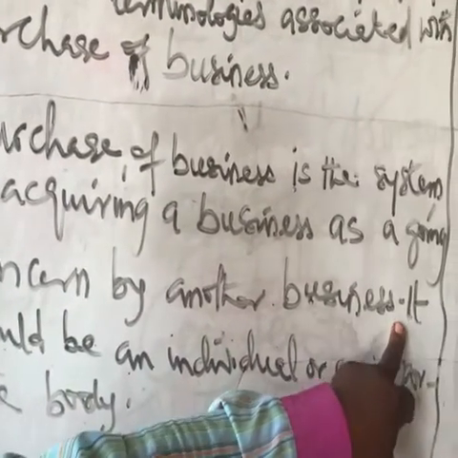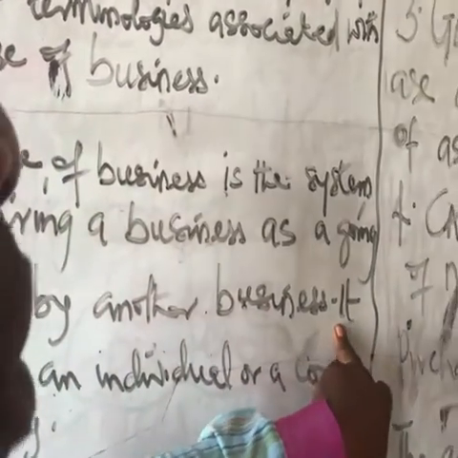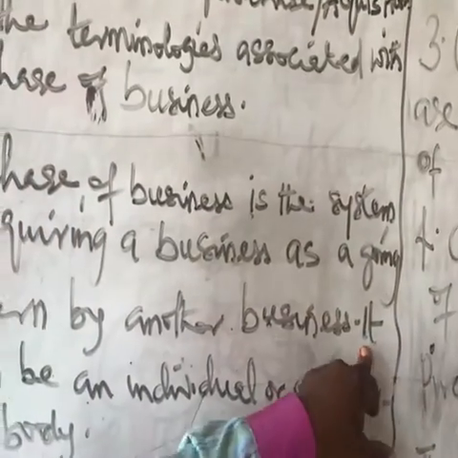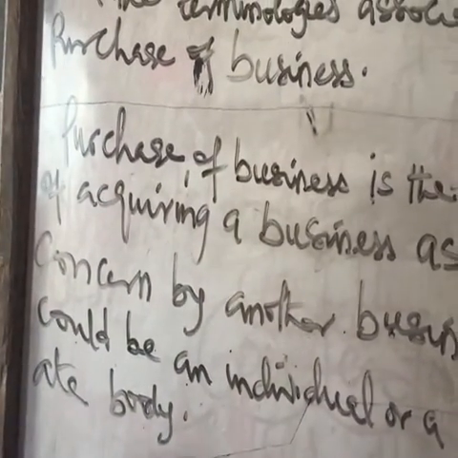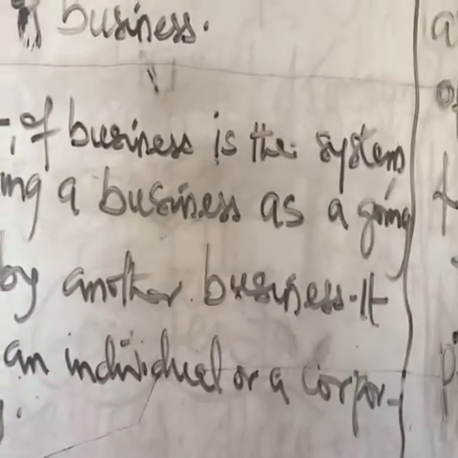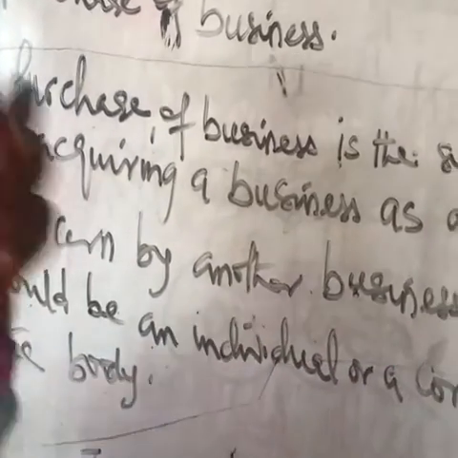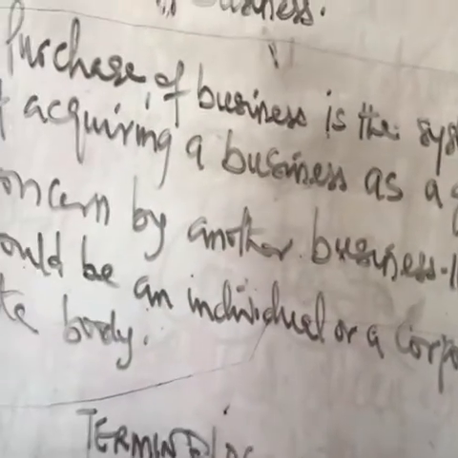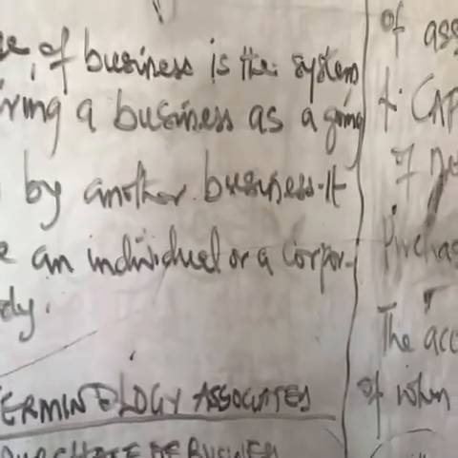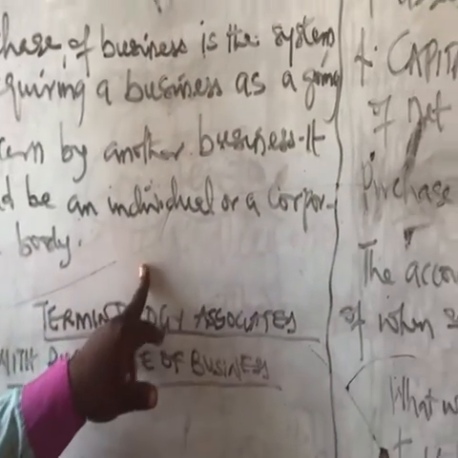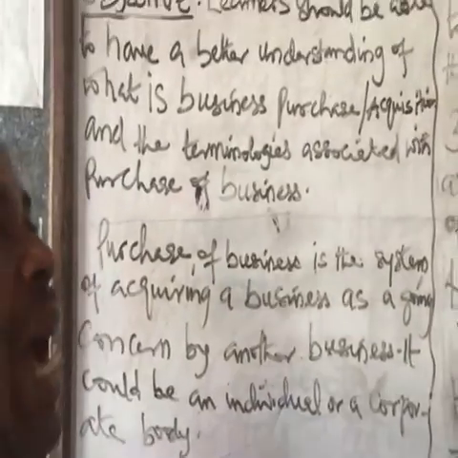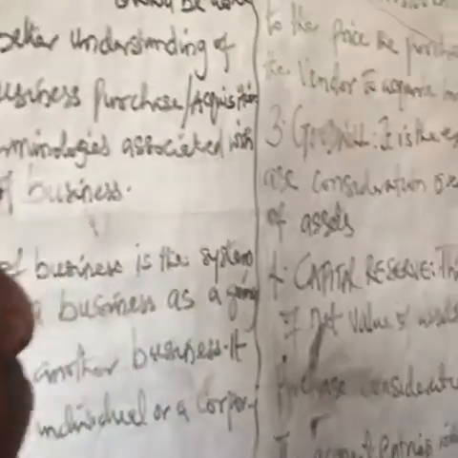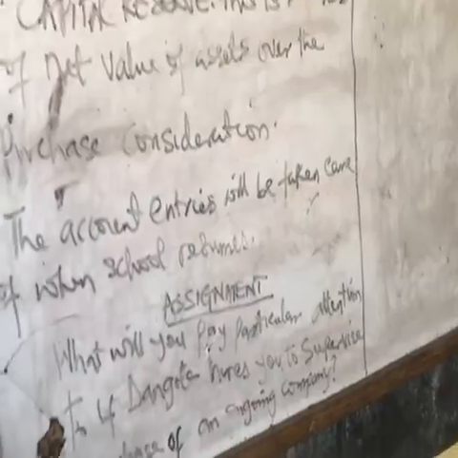It is a situation whereby an individual or a firm will purchase or acquire another ongoing business. And this, like I said, could be done by an individual, a partnership, or a corporate body. Any of these people can actually acquire another company with a different management that is ongoing.